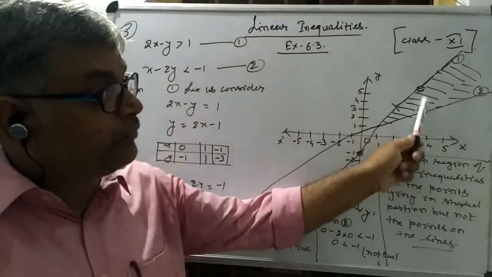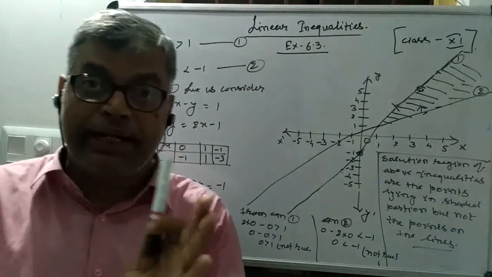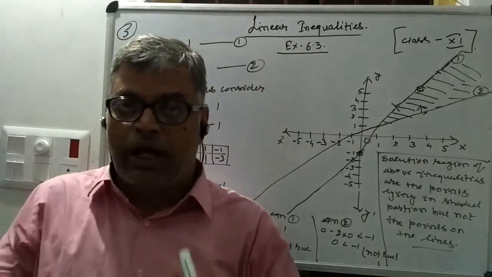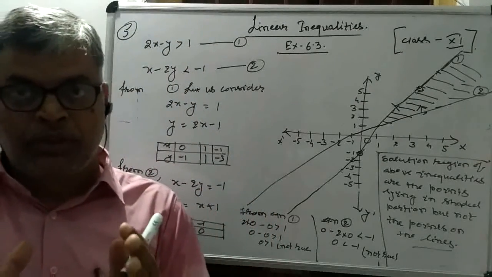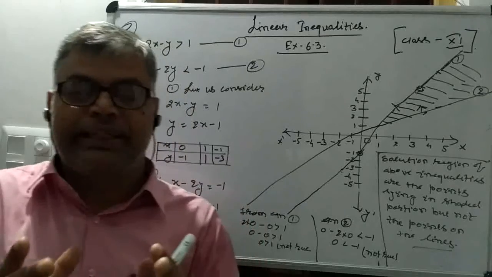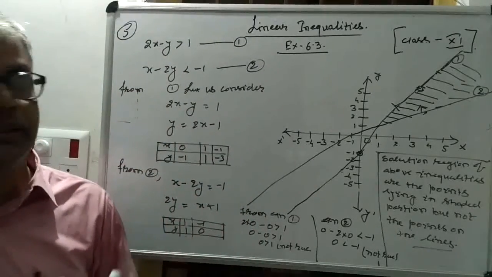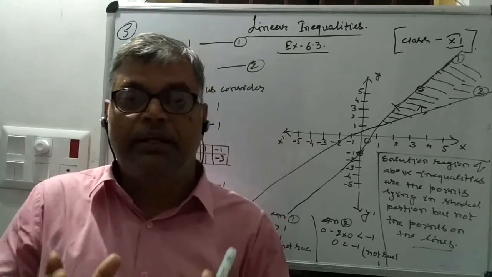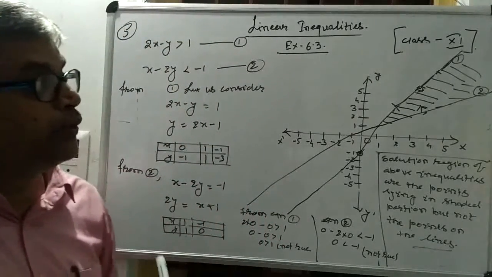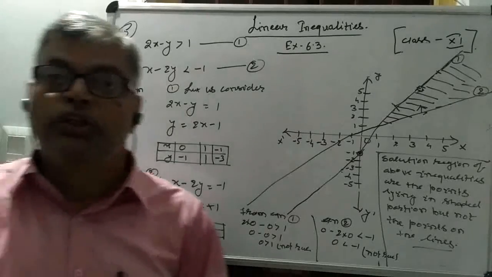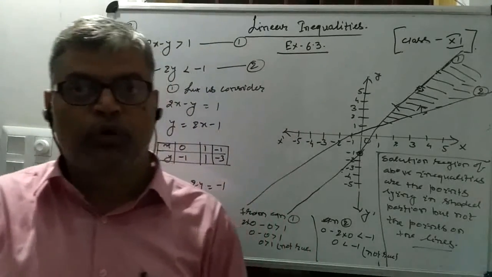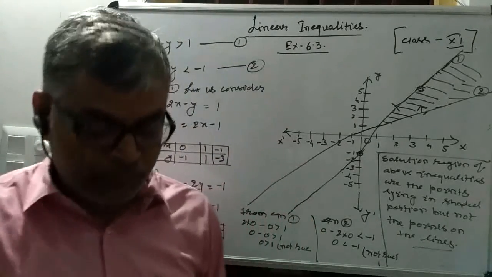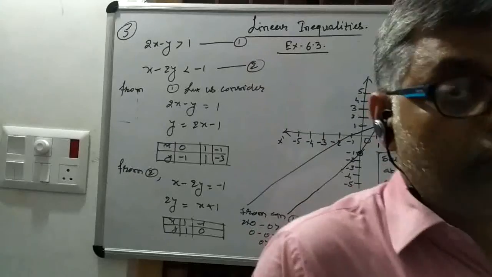We have to check each and every inequality to find which part will be its solution, and the common part which satisfies all inequalities will be the solution region of the given inequalities. In this way you can solve this type of question. I suggest you practice some more questions of this type to get a good command, and all of you must practice.